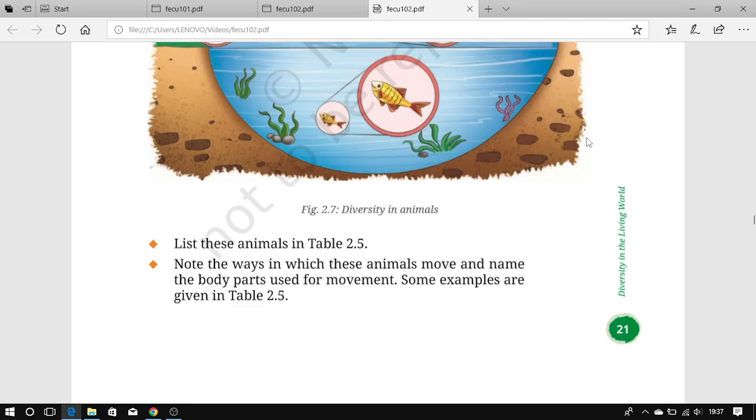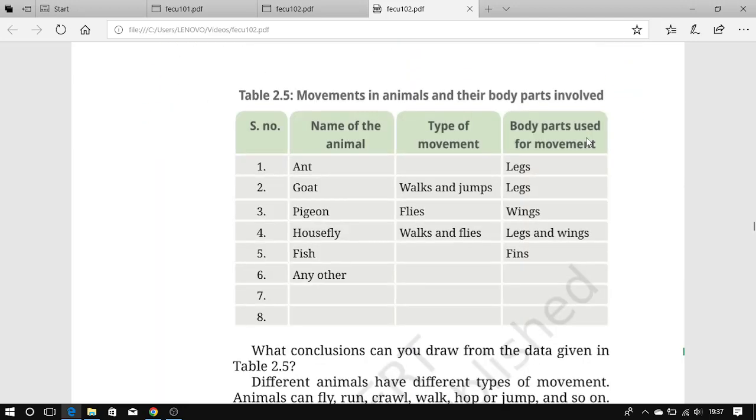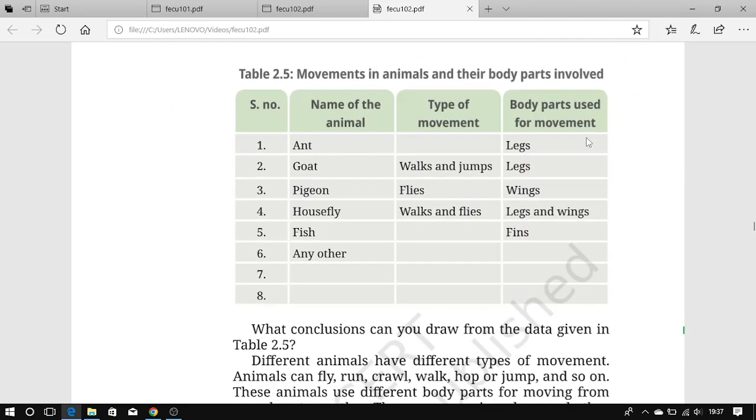List these animals in Table 2.5. Note the way in which these animals move and name the body part used for movement. Some examples are given in Table 2.5. In Table 2.5 we will find movements in animals and the body parts involved, like the ant. The ant's movement part is legs.